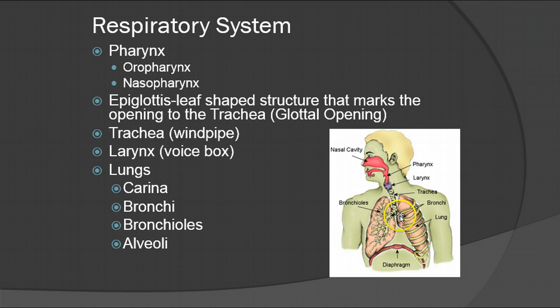There appears to be a structural reason for this, as the heart is located on the left side. That would probably be one of the biggest reasons why that's the case. And then you have your bronchioles, which are smaller bronchi, and alveoli.